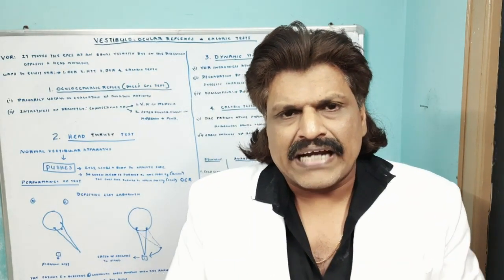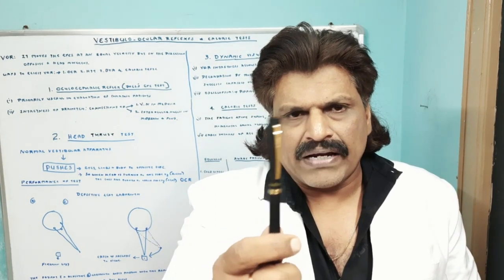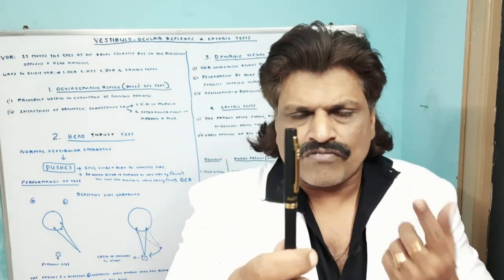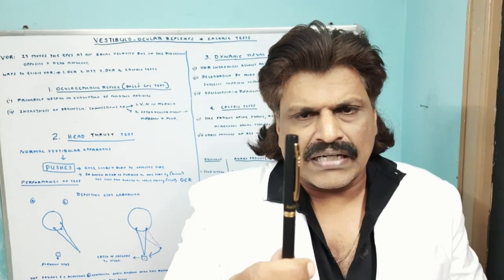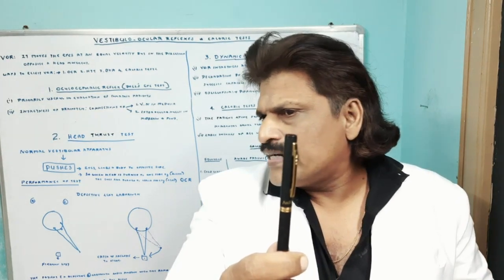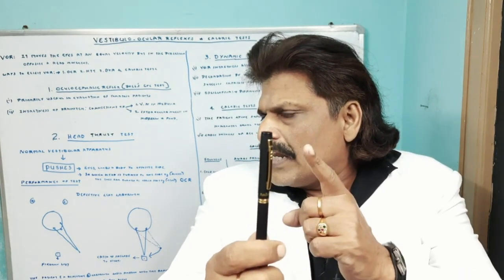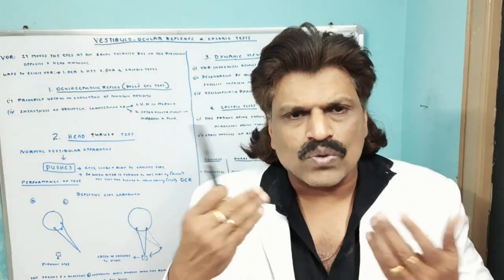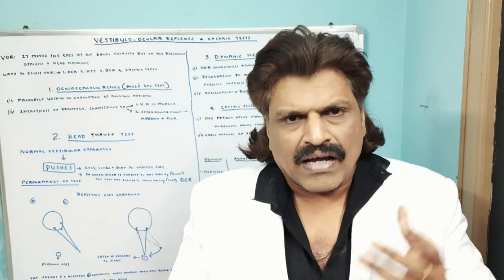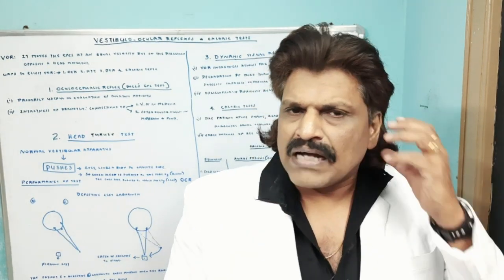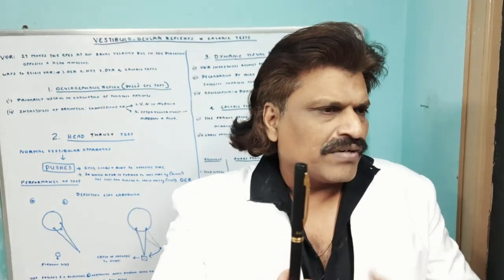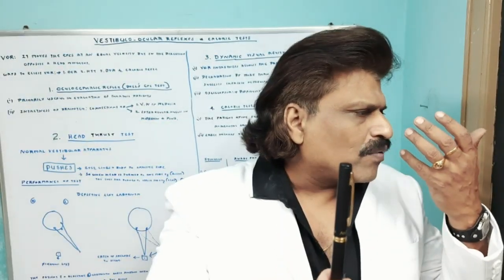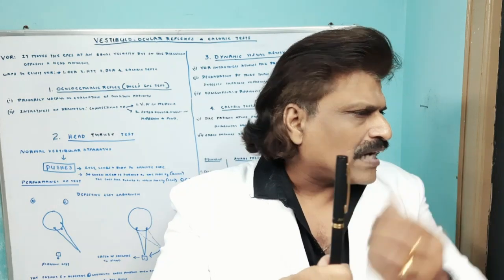So what happens in the head thrust test? We give a pen or any object and ask him to fix on the object. When I turn my head to the right side, my eyes should go to the left and keep fixing on the object. But in persons who have VOR affected, for example, imagine my left vestibular apparatus is affected, when I turn to the left, my eyes also move along with my head, and therefore I miss the target.